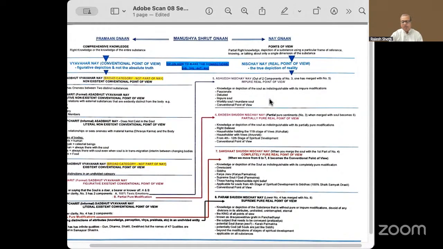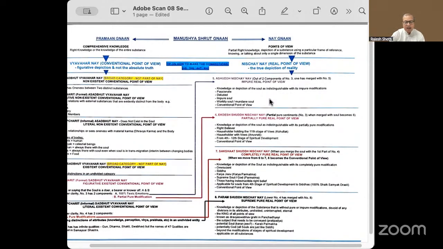The next point, this point of view applies to the soul from which stage to which stage? Any guesses, Subhaji? 1 to 12 stage. Okay, because up to the 12th stage, impurity is there. When you reach the 12th stage, all the impurities have gone. So, even when you have not manifested omniscient knowledge, which is in the 13th, it is still considered impure modification.